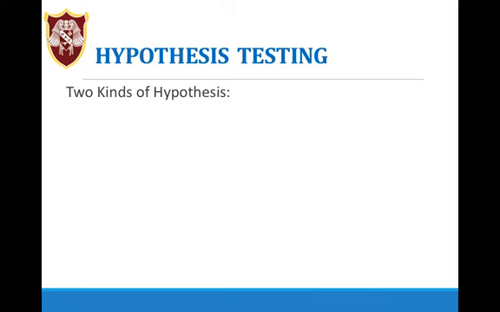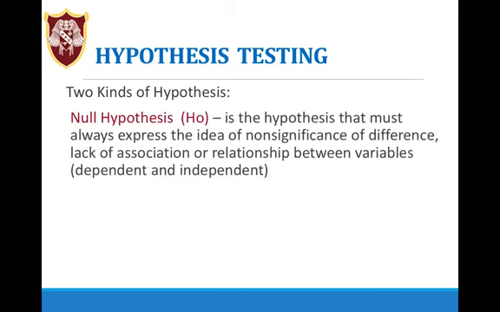The first step in hypothesis testing is the transformation of the research question into a null hypothesis, usually denoted by H sub O. This is the hypothesis that must always express the idea of non-significance of difference, lack of association or relationship between the dependent and independent variables.